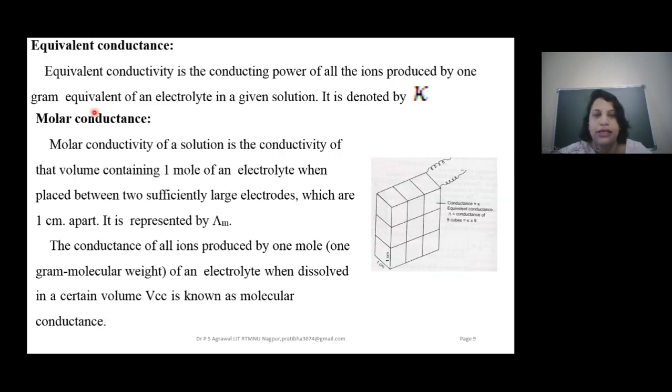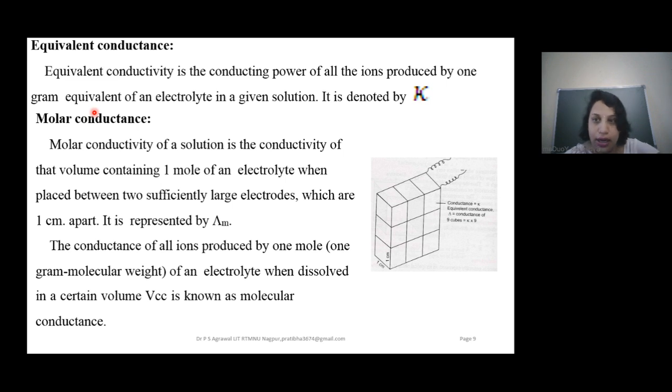Now the next is equivalent conductance. Equivalent conductance is the conducting power of all the ions produced by 1 gram equivalent of an electrolyte in a given solution. It is the conductance of 1 gram equivalent of electrolyte only.